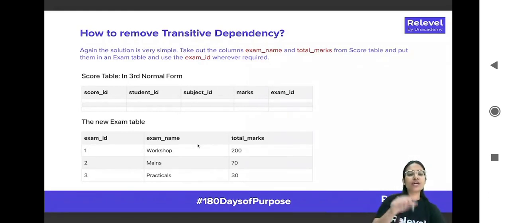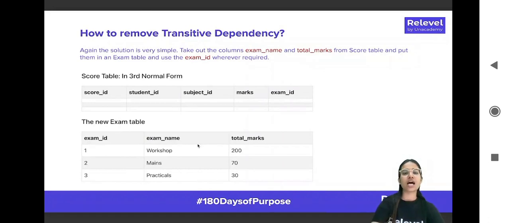So the new exam table will basically have the exam ID. Every exam will be given an ID, whether it's a workshop exam, a mains exam, a practical exam, and the total marks. And whenever you need to use that data, you use that exam ID in the score table instead of actually using the exam name and the total marks.